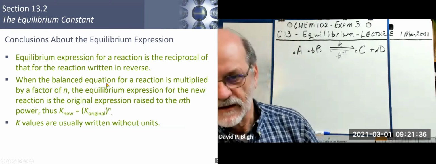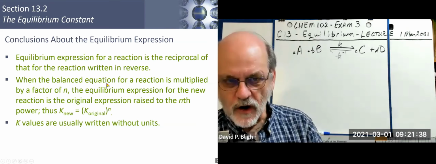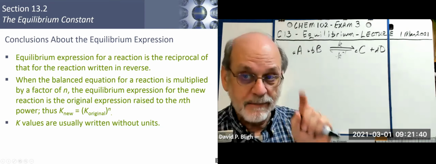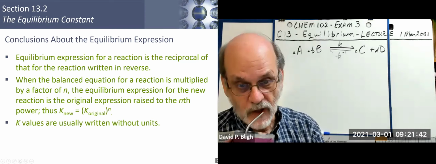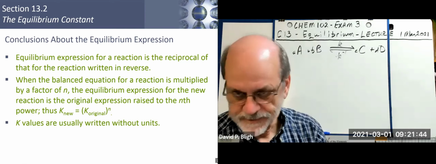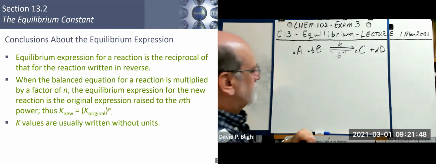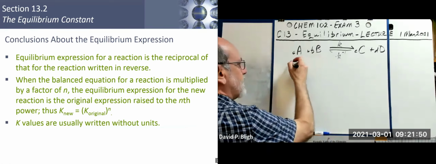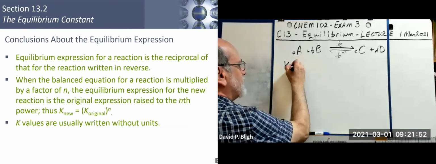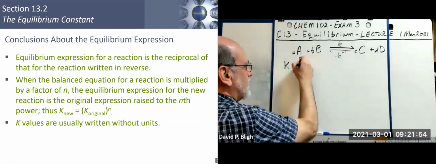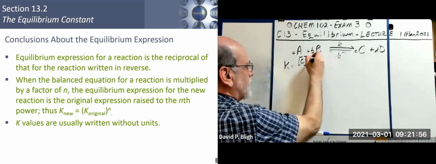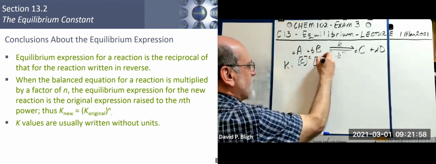Okay, so these are just some conclusions that we can draw and some manipulations that can be performed. So suppose we have this reaction and we calculate the K to be this expression.